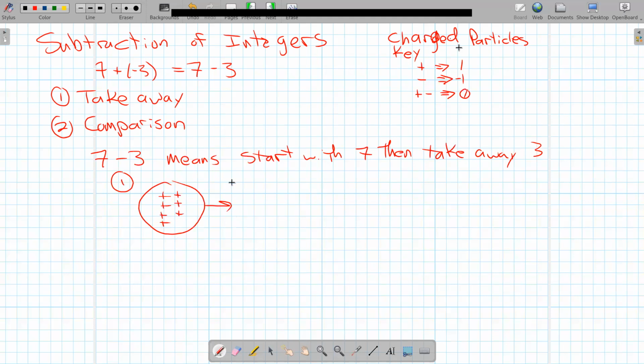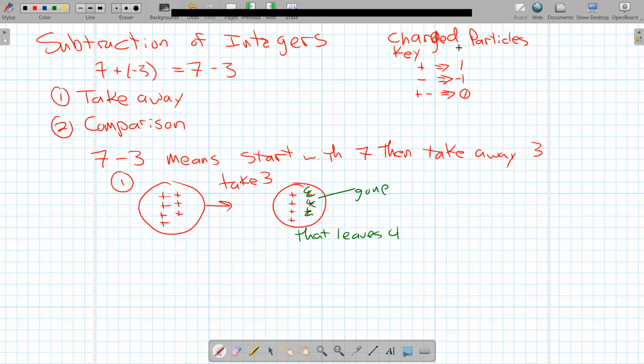And then we're going to take 3. So I had 1, 2, 3, 4, 5, 6, 7, but I am going to take this one and that one and that one, and they're gone, and that leaves 4.